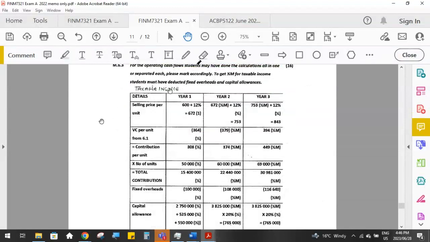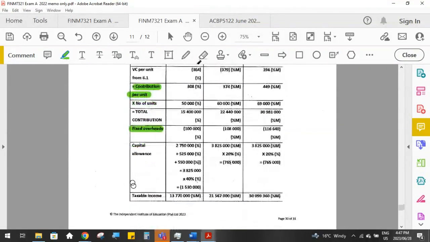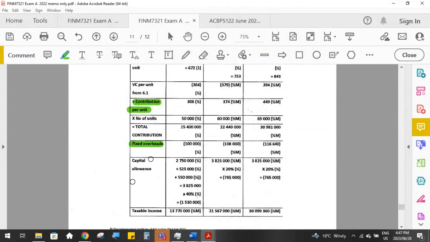And then they asked us for taxable income. So again, we are going to work out the contribution. So sales minus cost of sales basically equals gross profit contribution. So this is per unit times number of units is our total contribution. So gross profit minus all of our overheads gives us our net contribution, which they haven't got a subtotal in here.